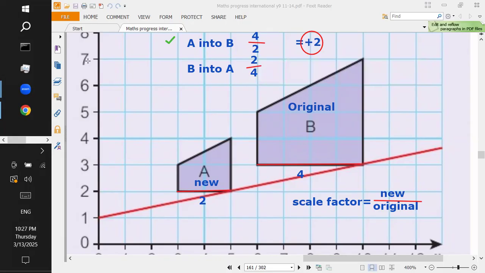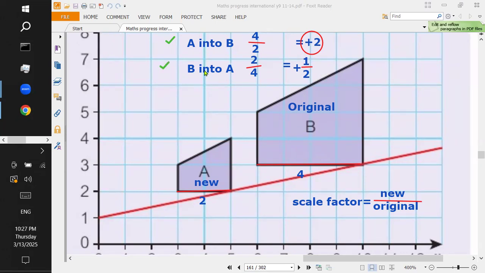So 2 divide 4 will give me a fraction, which is 1 over 2 or 0.5. And as we said, because the shape didn't flip, it has the same orientation, it means the scale is positive. So this is a positive scale. And this is how you use the formula to find the scale of enlargement in two different situations.